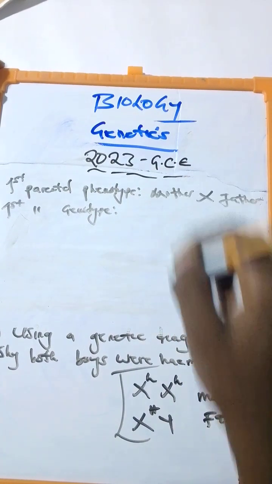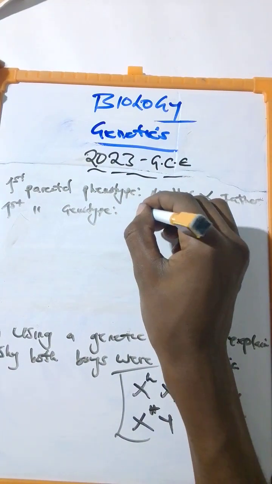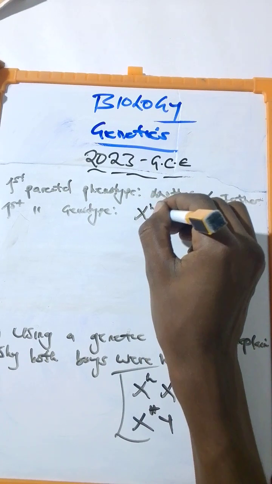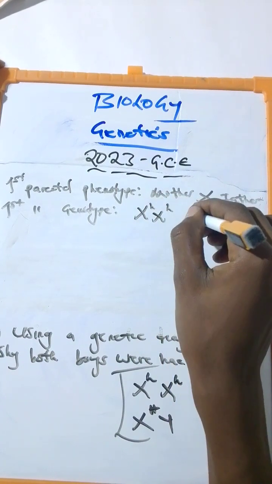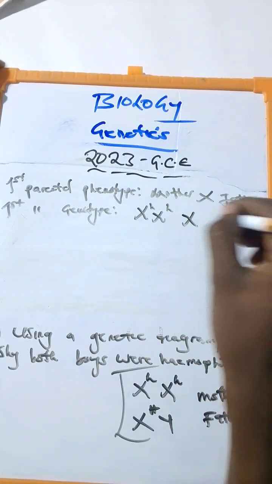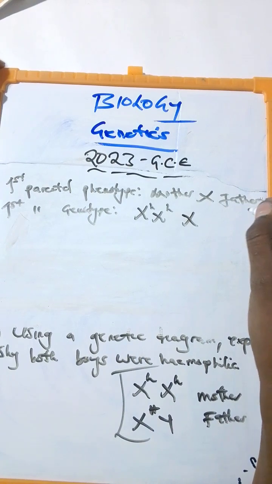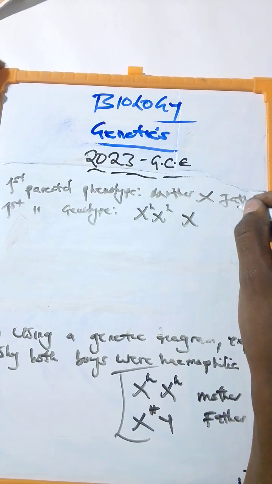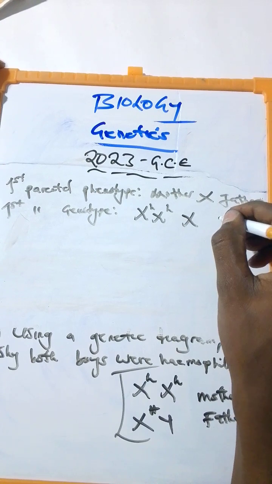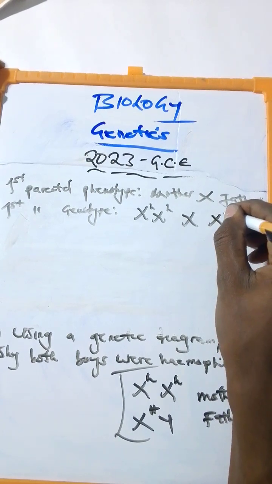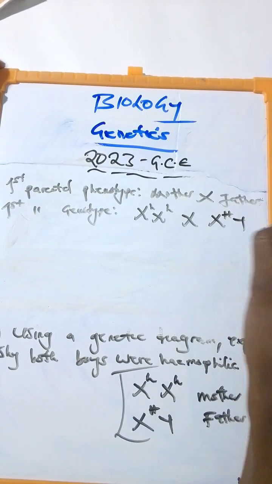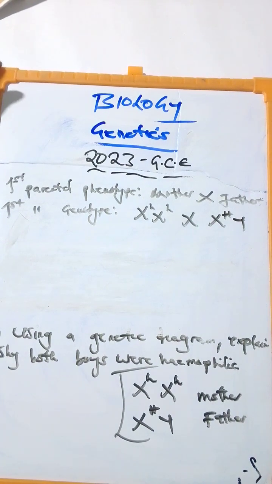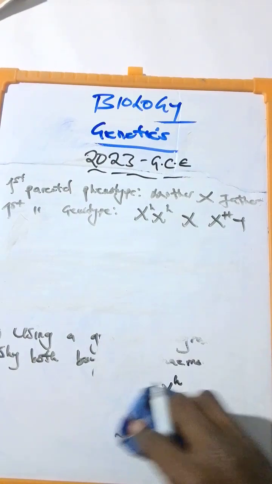So where there is mother, we'll put these for the mother. So don't forget to put this cross, which means the reproduction is taking place there. Then for the father, so that is how we come up with a genetic diagram. We are building it up in a standard way. Okay.